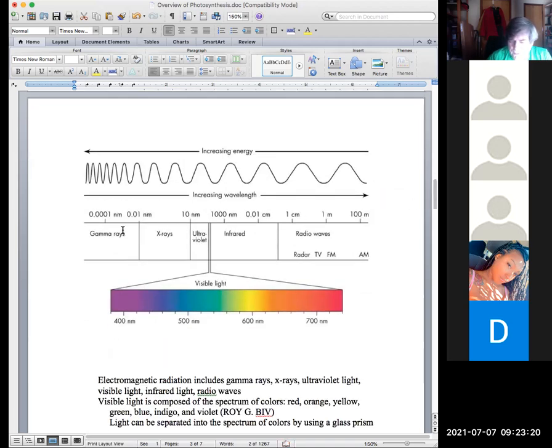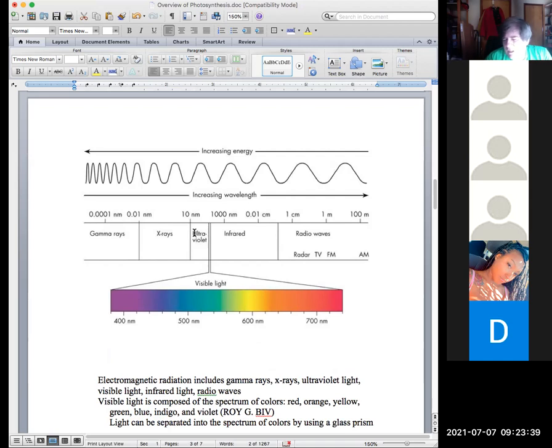Now, there are all different sorts of electromagnetic radiation. There are gamma rays, that's what turned Bruce Banner into the Hulk. There are X-rays, like we might use in a medical procedure. There's what we call ultraviolet light.